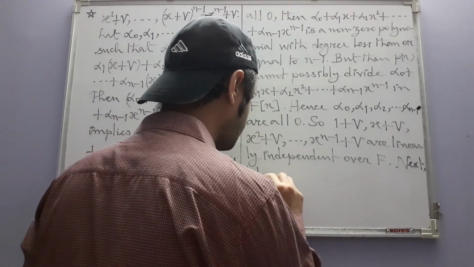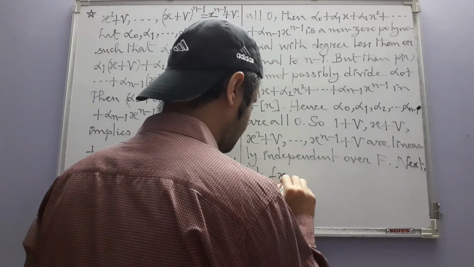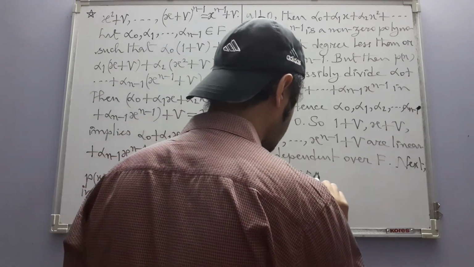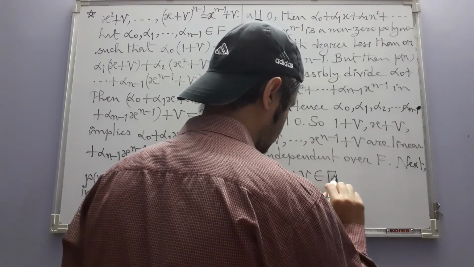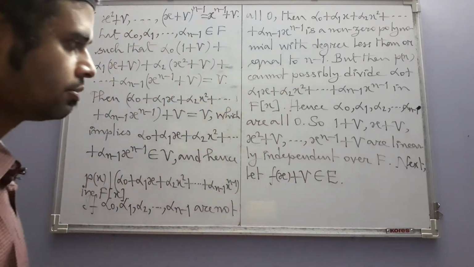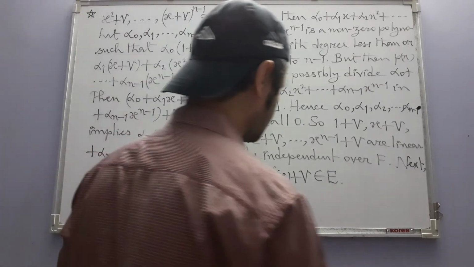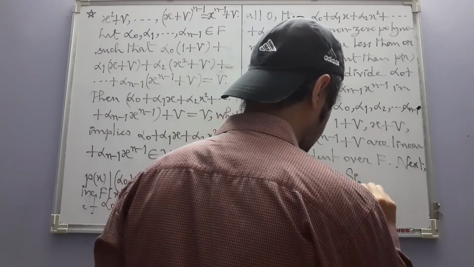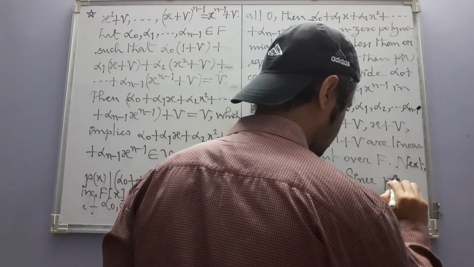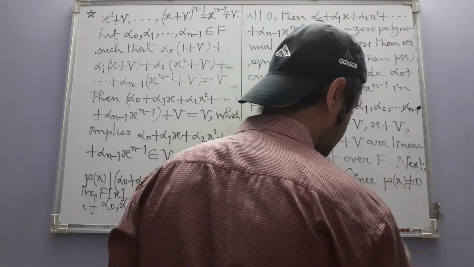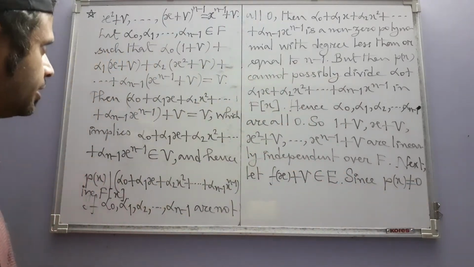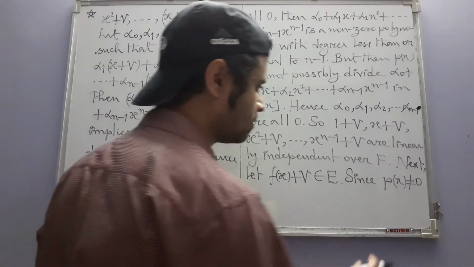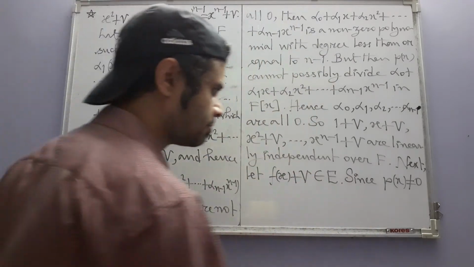Next, let f of x plus V, so that's how a general element in E looks, belong to E. Okay, since P of x is a non-zero polynomial, it has a degree, so that means it's non-zero. It's in fact non-constant also, because its degree is at least 1.